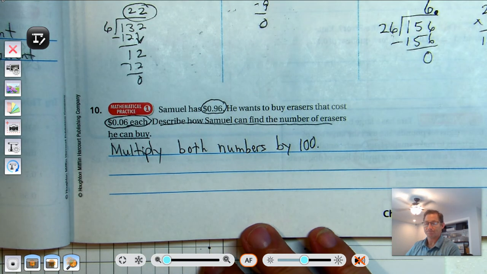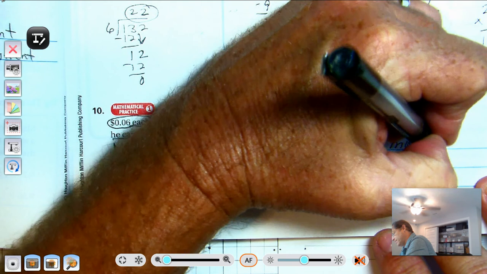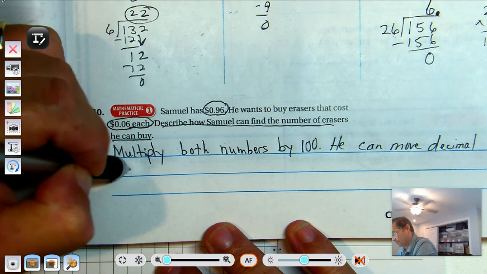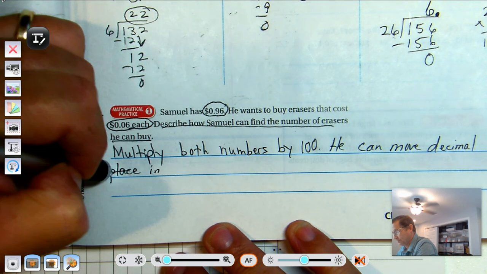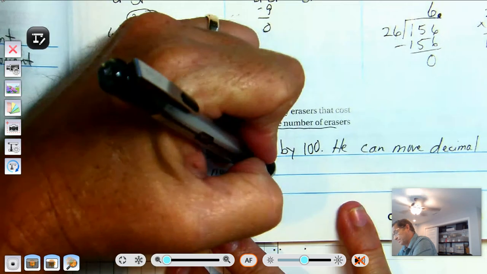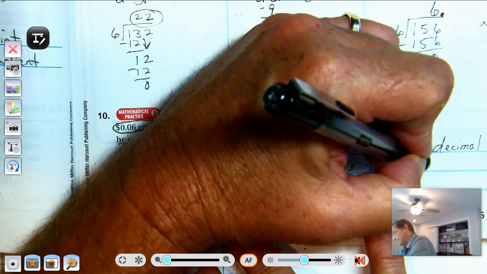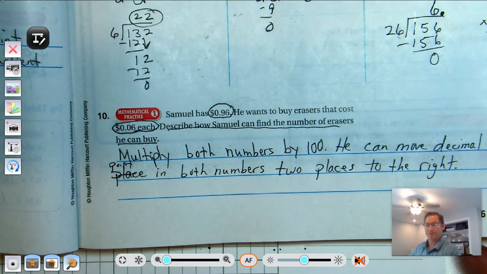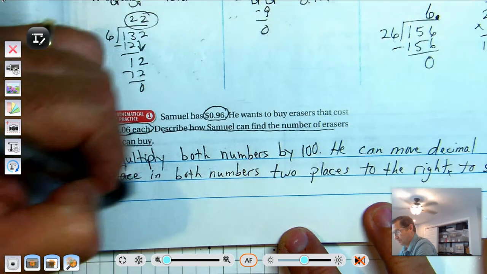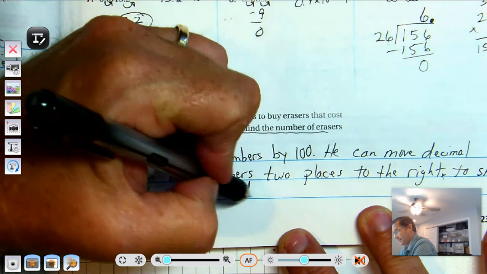By 100. He can then move the decimal point 2 places to the right, to show the products, 96 and 6.